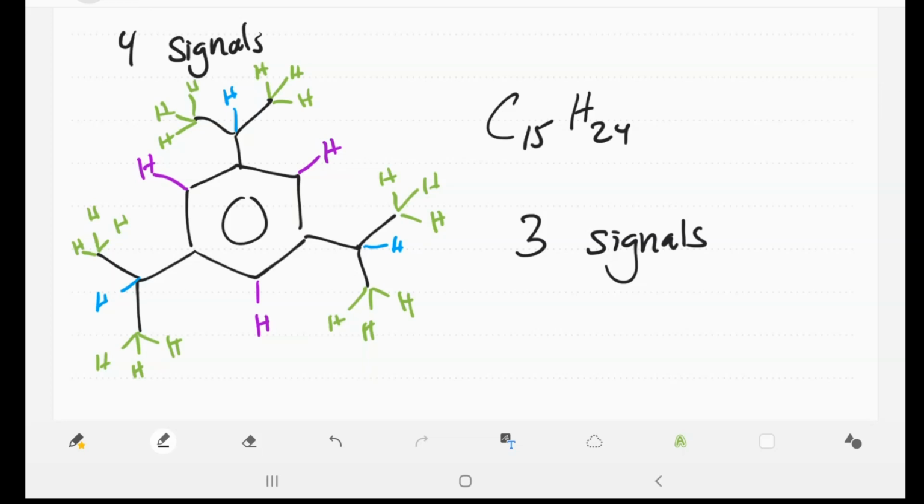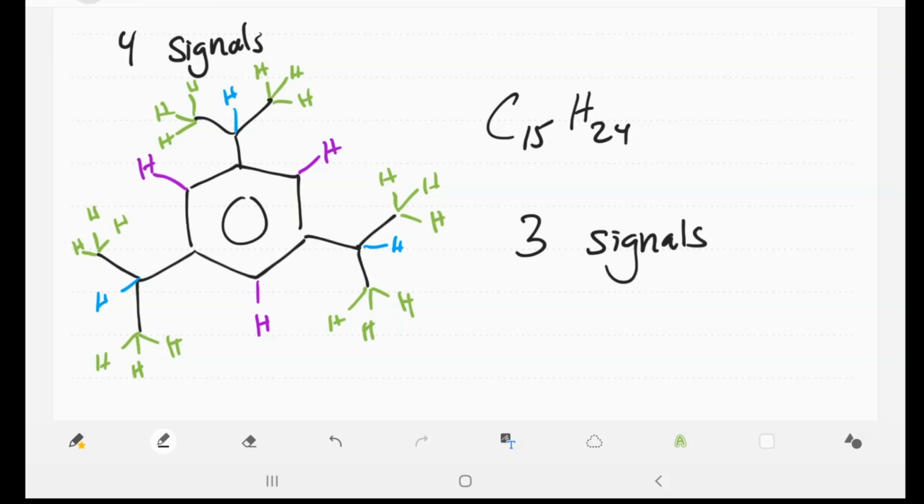Or most, I mean, all the green ones are equivalent, all the blue ones are equivalent, all the purple ones are equivalent to each other. So they all see the same thing due to that symmetry. So CH3s, they all see the same as each other, even though they're far apart, all because of symmetry.